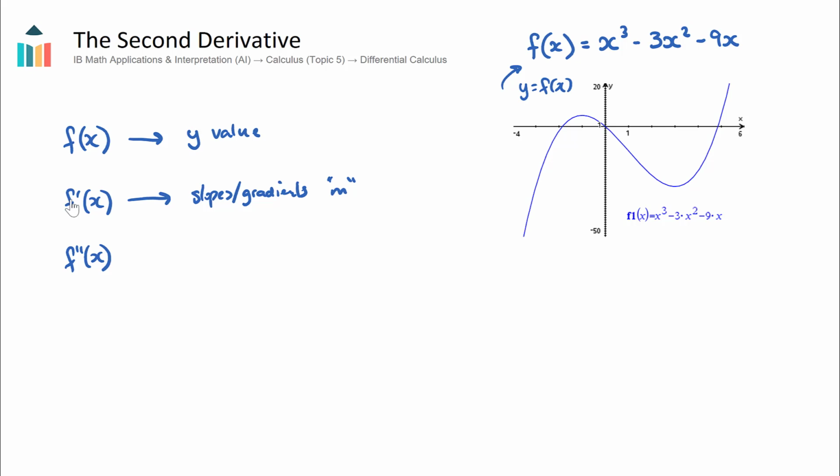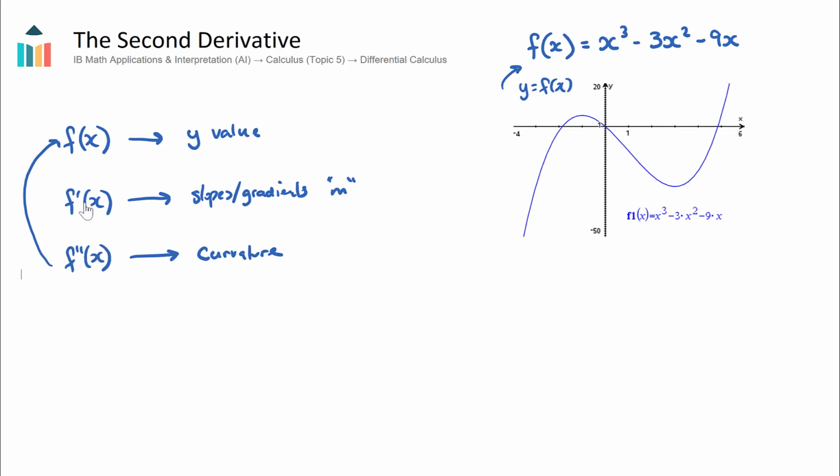That gets a little confusing, treating the second derivative as the slope of the slope, because the first derivative was the slope of the original function. More commonly, the double derivative helps us find information about the curvature of the original function. These are just really basic descriptions of what the first derivative and the second derivative can help us find.